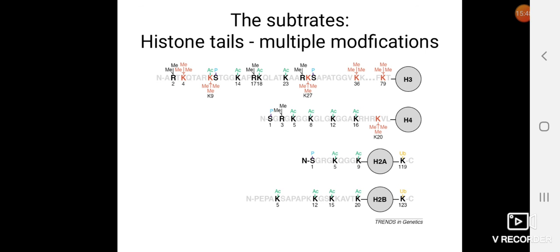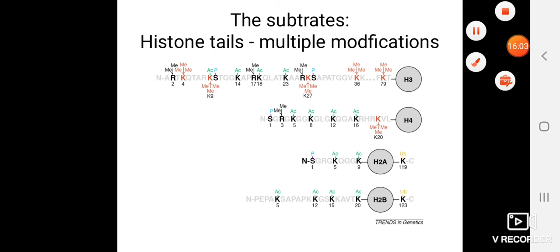So I'll stop here, and continue with other aspects of this HAT and other modifying enzymes and modifications in the coming class. You can see these are all acetylated histones and their positions.